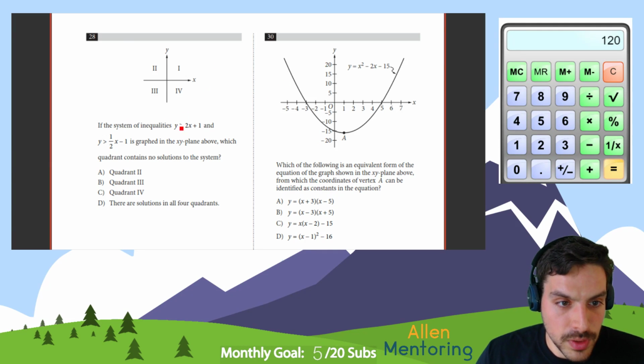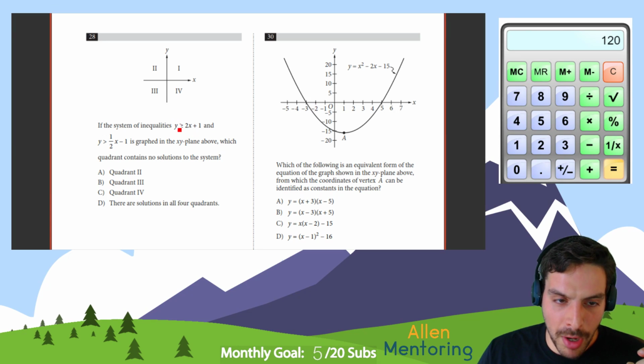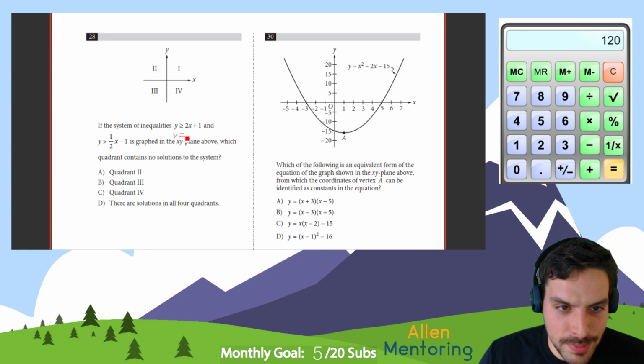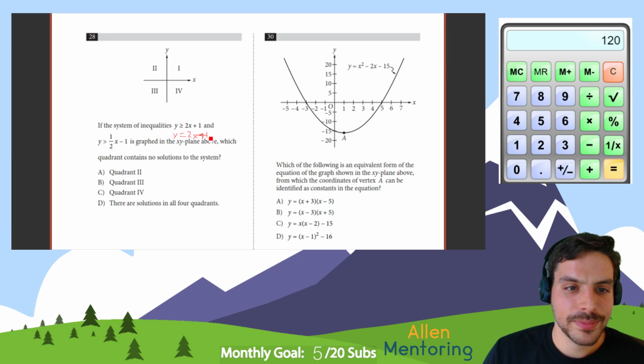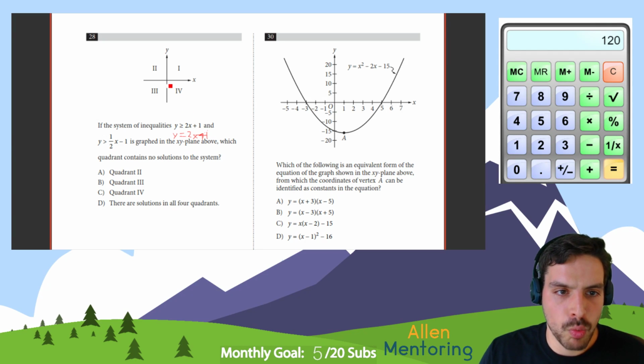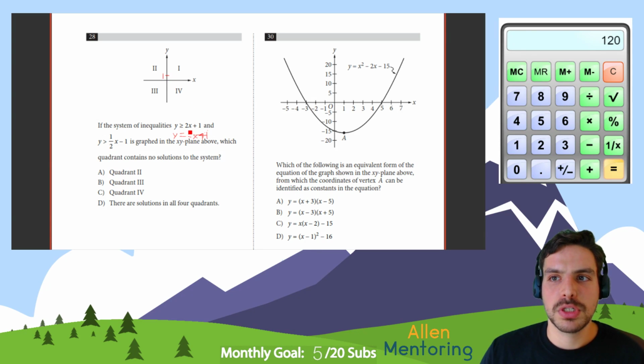So let's see here. The system of inequalities: y is greater than or equal to 2x plus 1. How do we draw that? Well, you can draw this basically like a regular line. Let's imagine it's y is equal to 2x plus 1. If you are familiar with y equals mx plus b, b is equal to 1, so the y-intercept is 1 here, and the slope is equal to 2.